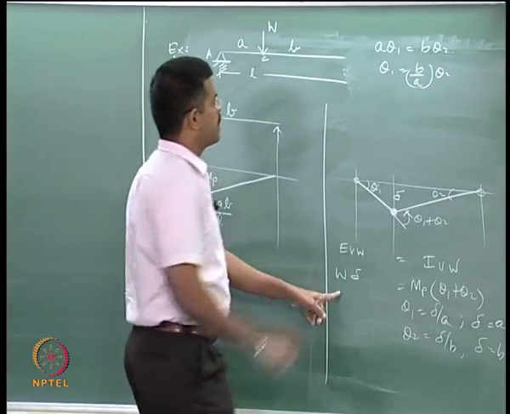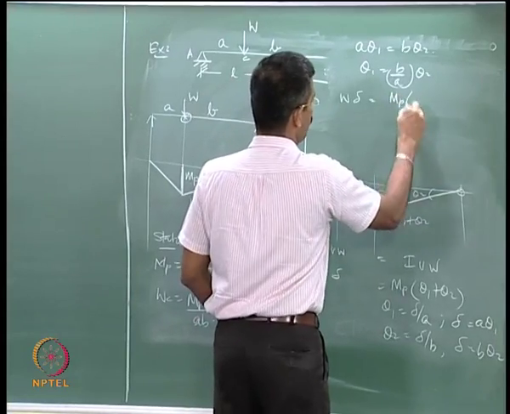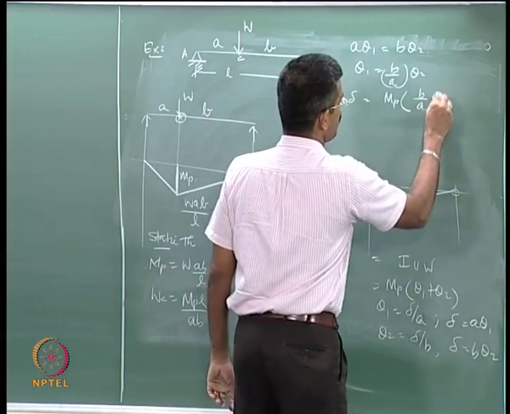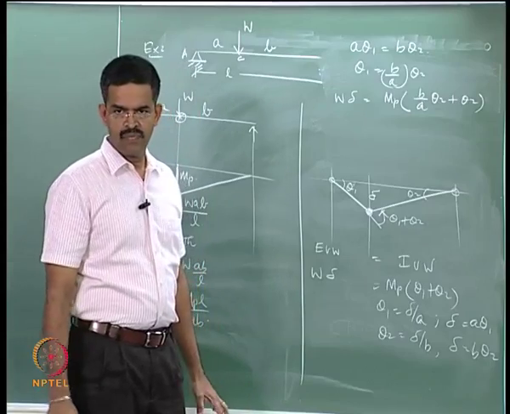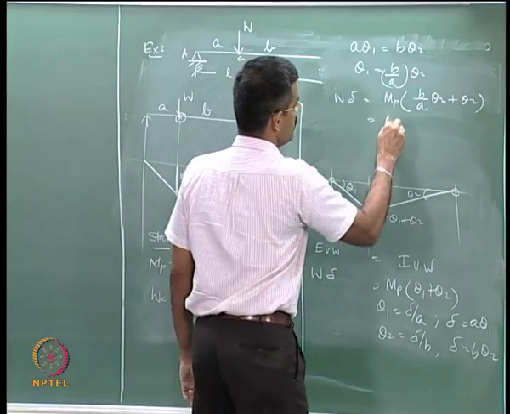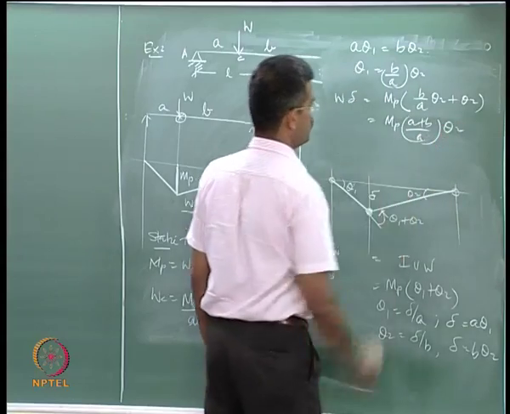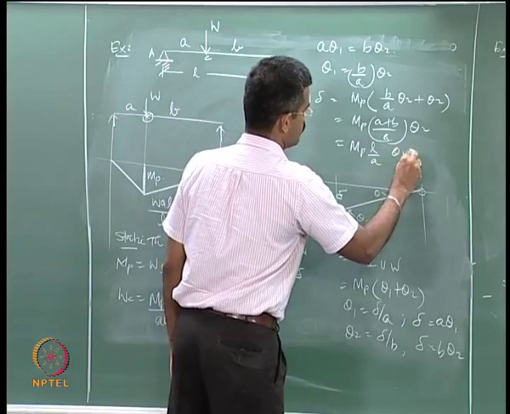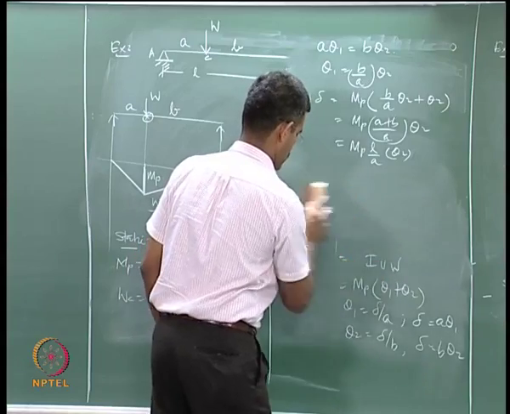Okay. So, let me get back here. So, W delta is going to be equal to MP of theta 1, which is B by A of theta 2 plus theta 2, which is MP A plus B by A of theta 2, which is MP L by A of theta 2.